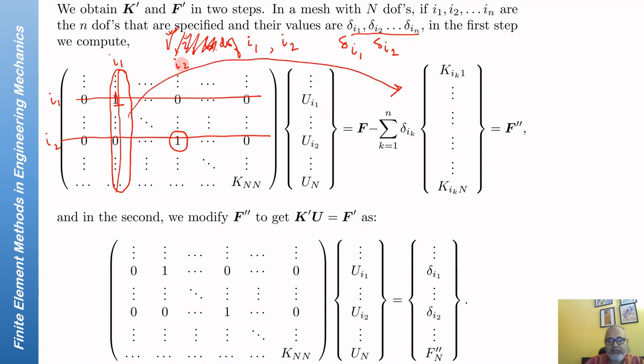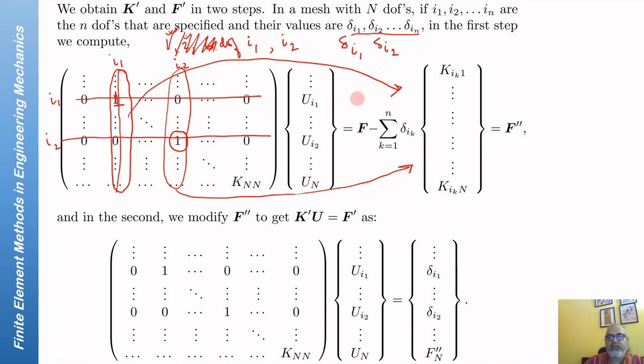Similarly, I'll have to multiply this column. Typically, this is done before this operation is done on the stiffness matrix. Multiply this column by delta I2, which is the specified value for I2, and then transpose it there, and have to continue doing this for all the n, small n number of degrees of freedom that are specified.